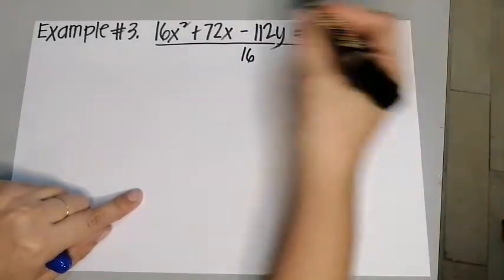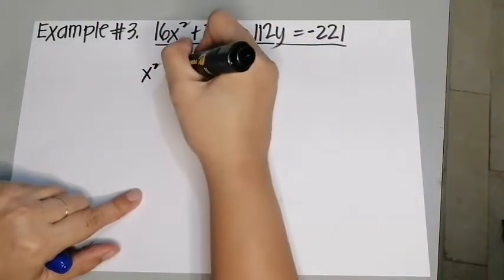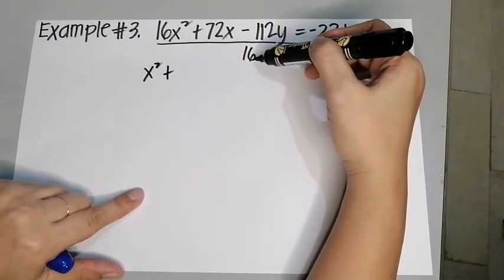So our equation now would be x squared plus 72 over 16.